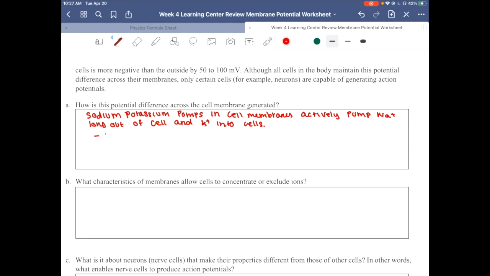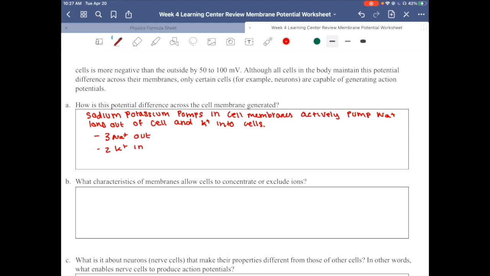So it's going to be 3 Na+ out and 2 potassium in. So what this is basically going to do is it's going to make the inside of the cell membrane more negative because as you can see, you're putting more positive charge out of the cell than the positive charge you're bringing in, because you're putting 3 positive charges out, but you're only bringing in 2 positive charges in.